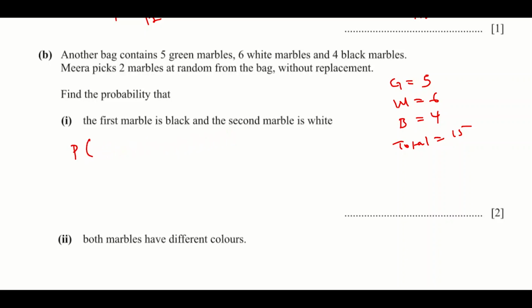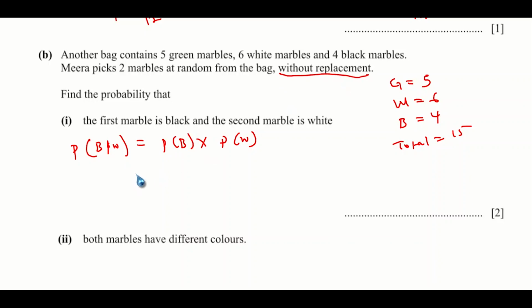So we want to get the probability of B and W. This will be equal to the probability of B times the probability of W. It is picked without replacement, so that's very important.